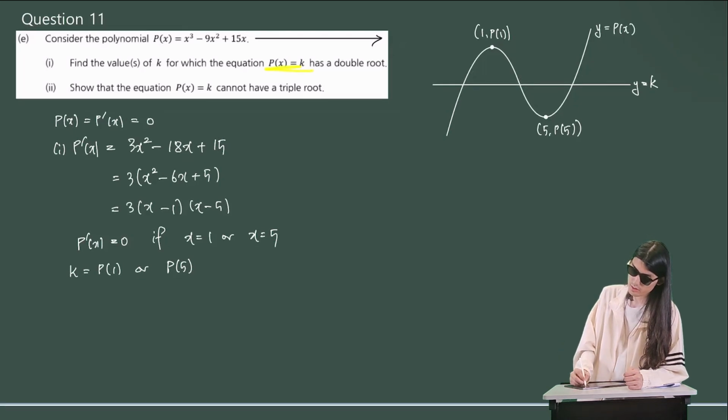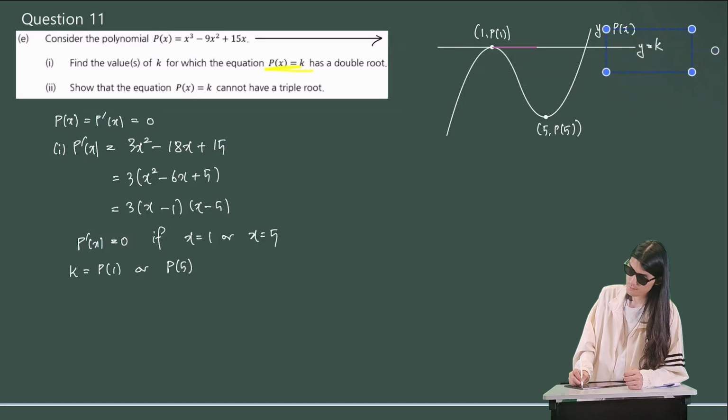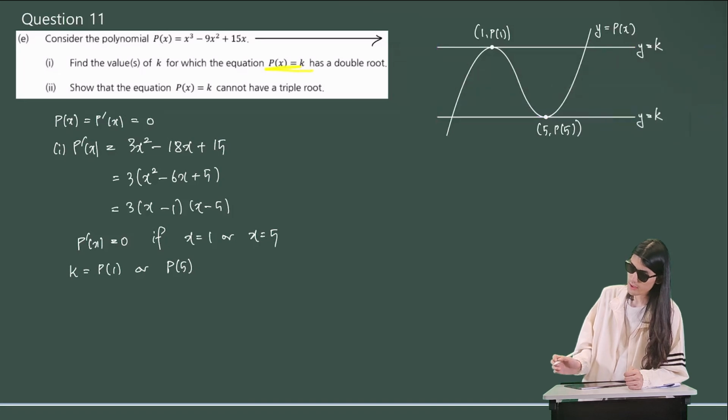But if we choose k to be either up here or down here, then at x equals to 1 and 5 respectively, x equals to 1 and 5 become double roots of the equation p(x) is equal to k. So then what are the values of k that's required for this to happen?